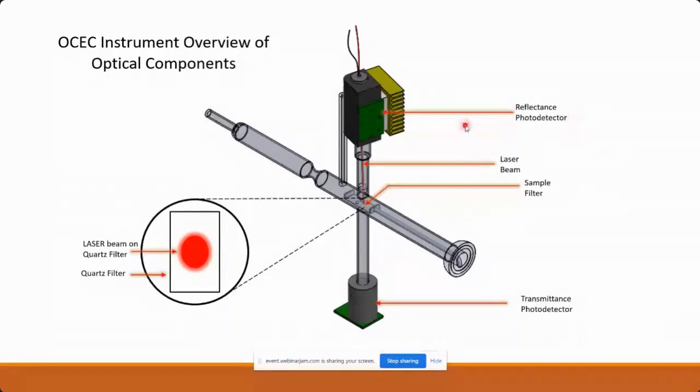For reflectance, the laser pathway strikes the filter and then is measured as it reflects backwards. The sample filter sits right here, and this is just to give everybody an idea that when each instrument is running, there's a laser beam that strikes the center of each quartz filter inside the instrument.